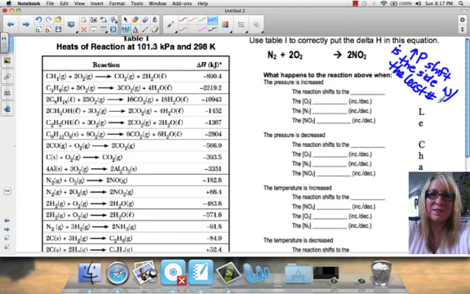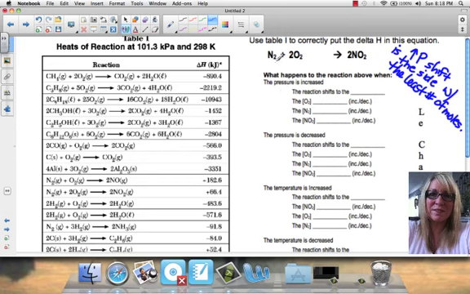And if I decrease pressure, then it'll shift to the side with the most number of moles. If the moles of gas are equal on both sides of the equation, then pressure has no effect on the system. So let's look at this example we have here.